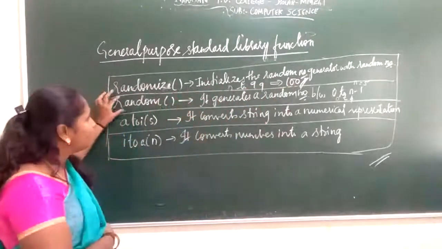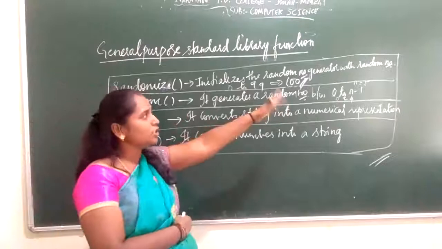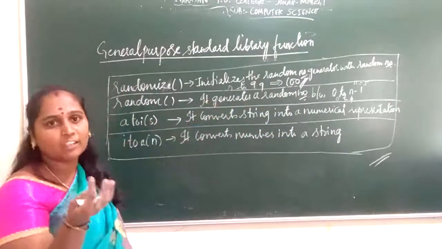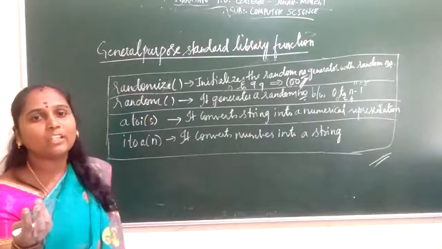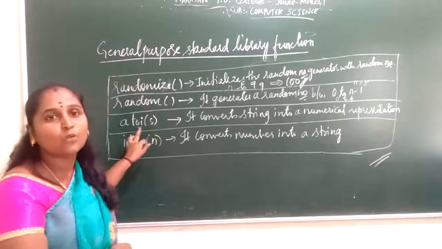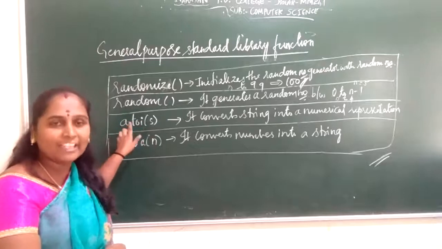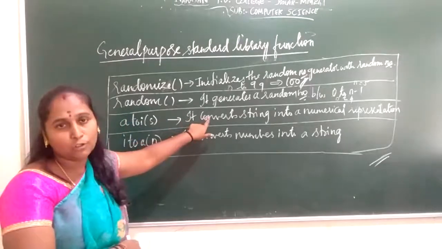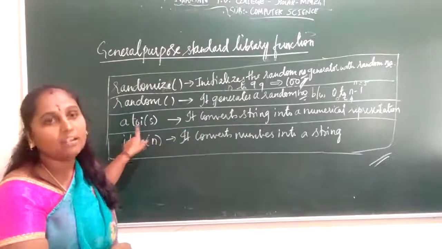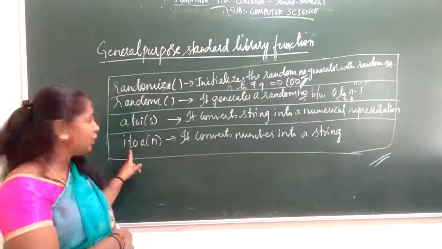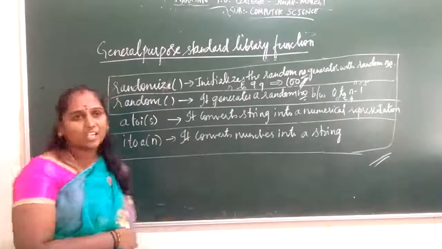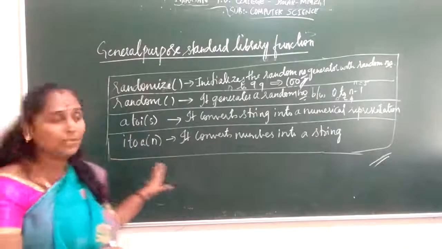Next, random generates a random number between 0 and n minus 1, whatever number is given in your function. Then atoi converts a given string to a numerical representation, and itoa converts numbers to a string. These are the general purpose standard library functions.